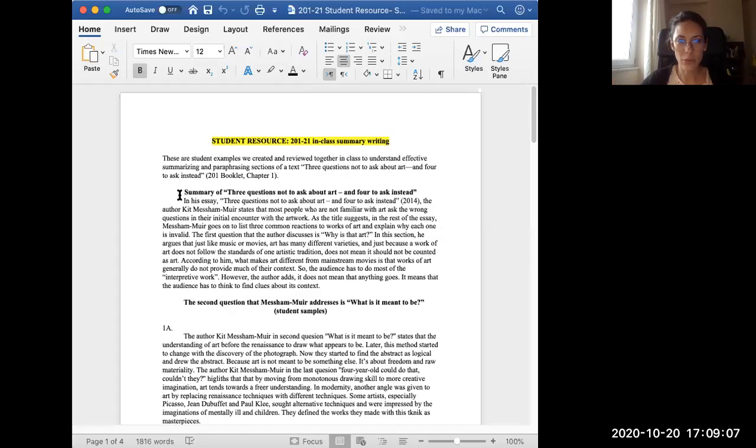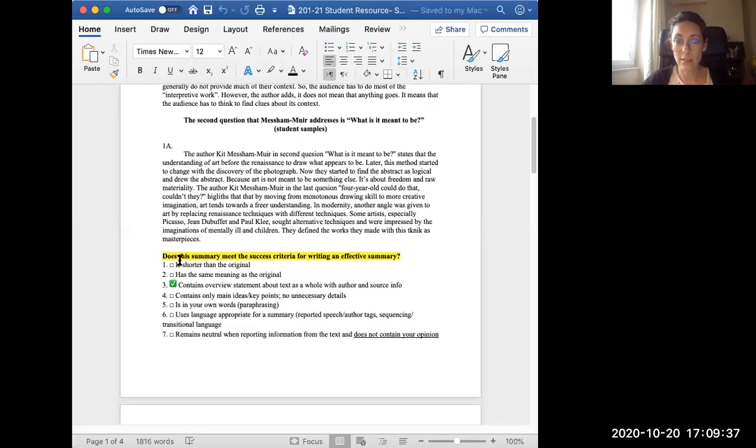So I gave you the beginning of the summary that we wrote for you that had the citation, right, with the title of the article, the name of the author, the year of the article, gave the overview statement, what is the article about, how does the article start, right, the first question that the author discusses. And so pay attention, remember we also talked about the summary success criteria, right?